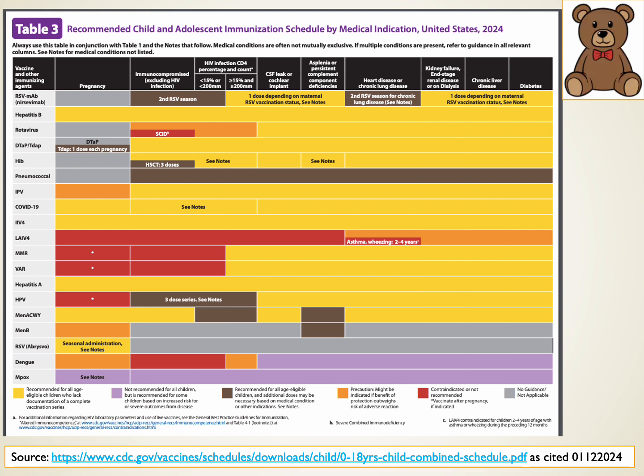But the big things are, can you use it in pregnancy, can you use it in individuals who are immunocompromised to varying degrees. And what you'll notice is that those vaccines that have a live component to them, there is a live influenza vaccine we are concerned with in that regard, as well as measles, mumps, rubella, and varicella vaccine. Because they're live, they are contraindicated in pregnancy and in individuals who are immunocompromised.